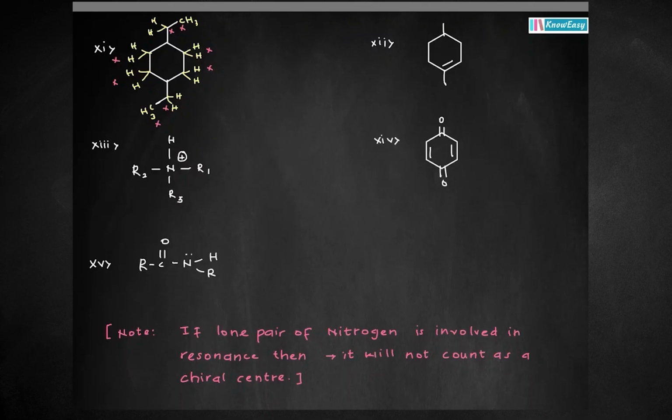Okay, now 2 important points are here. One is this and one is this. We have to check that particular point now. Okay, look here. I will draw this question again. Okay, now this is sp3. This is the first part. This carbon has 1 hydrogen, so this is the second part.